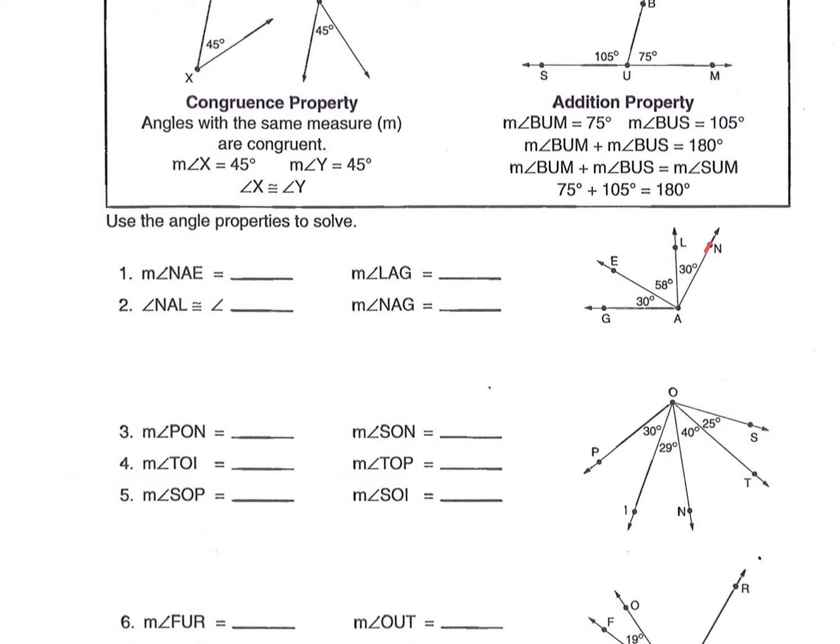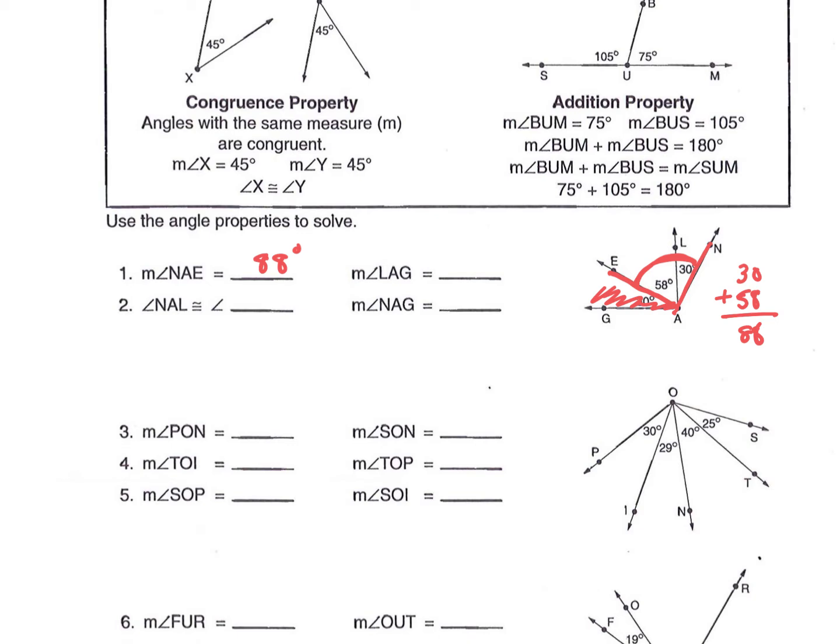So I'm going to go from N to A to E, and they want to know what's on the inside. Well, I can see two adjacent angles, and we are ignoring this angle because they just want what's inside. So in this case, we would add 30 plus 58, and that measurement is 88 degrees.